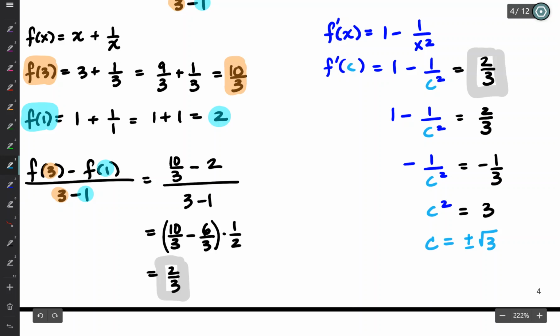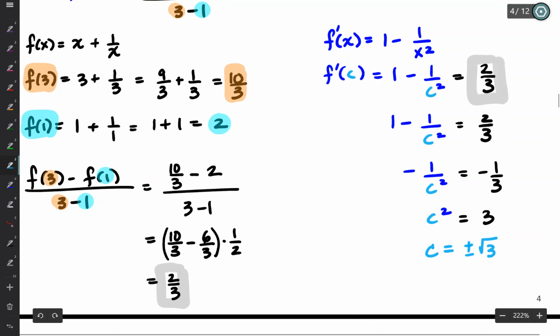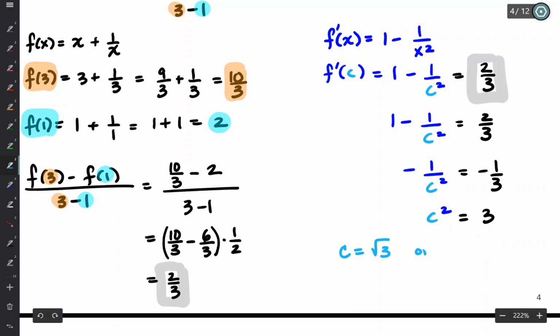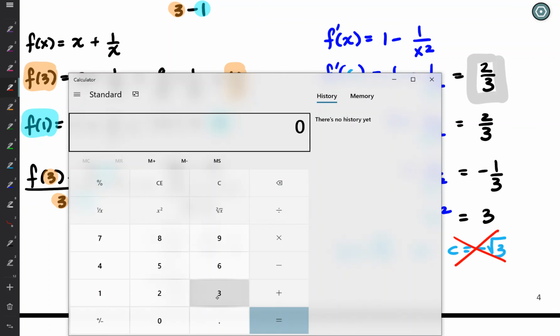Now, which one of those numbers lives between 1 and 3? It's clearly not minus the square root of 3. And the square root of 3 does live between 1 and 3.